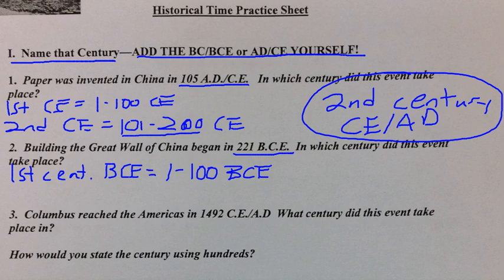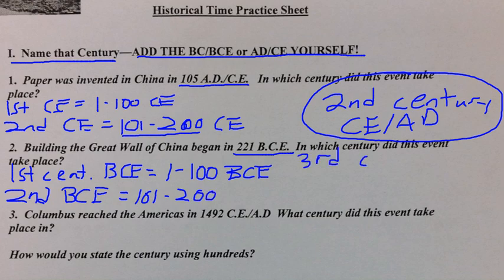Okay? Therefore, the second century BCE is 101 to 200. And the third century BCE are the years 201 to 300 BCE.